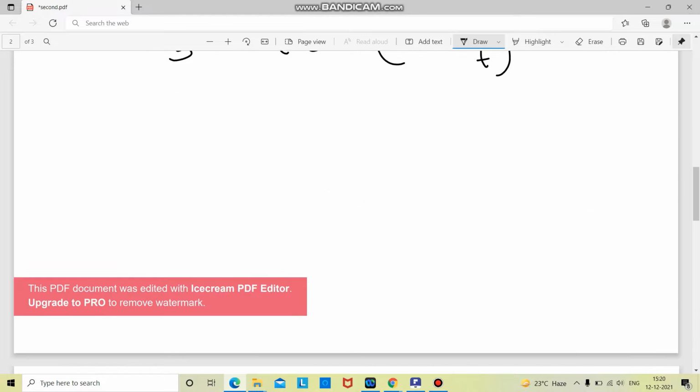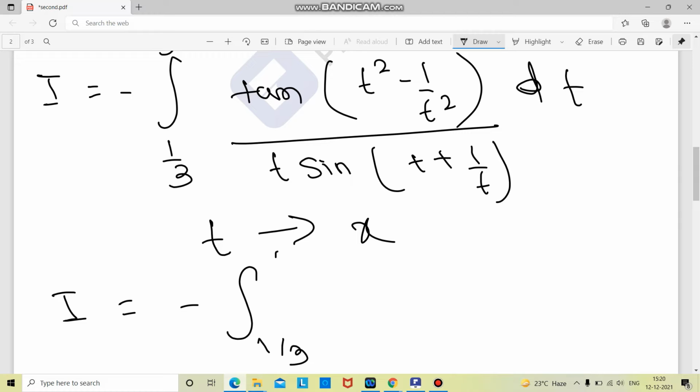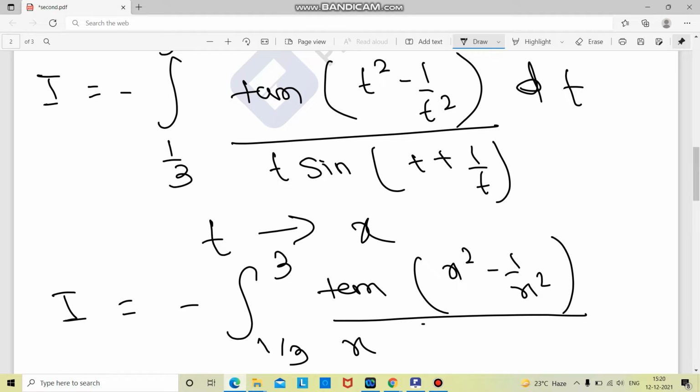From here we will apply the variable change property of definite integral and we will convert t into x. Then we will get I is equal to minus times integral from 1 by 3 to 3 of tan of (x square minus 1 by x square) by (x sine x plus 1 by x) dx.